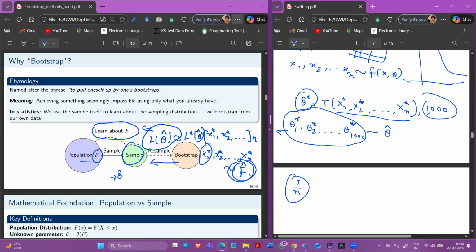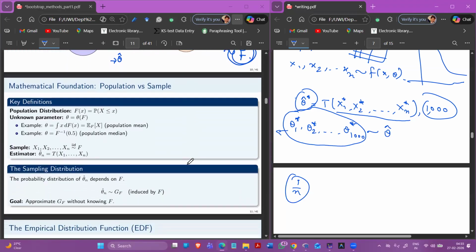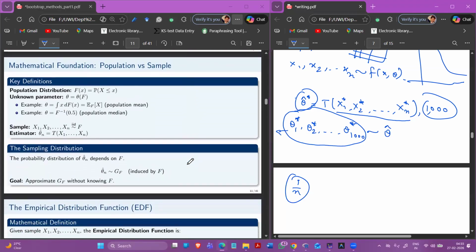Now comes the next point, the mathematical foundation of the bootstrap: population versus sample. We have the population CDF, F(x) equals the probability of X less than or equal to x. That is the standard formula of the CDF, but this is unknown for us.